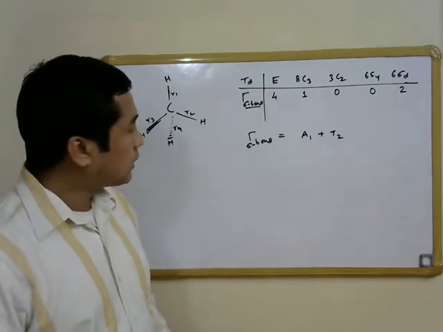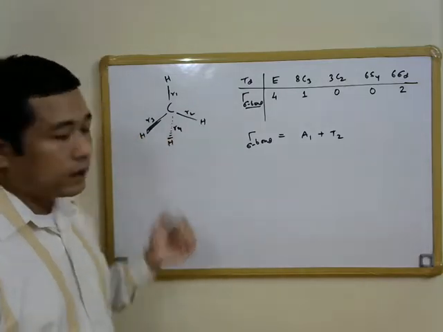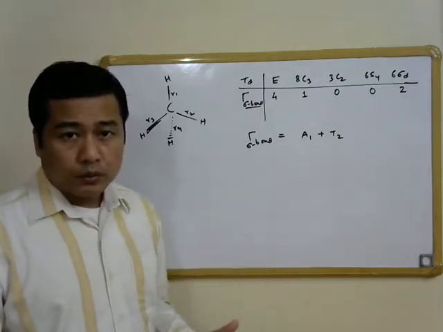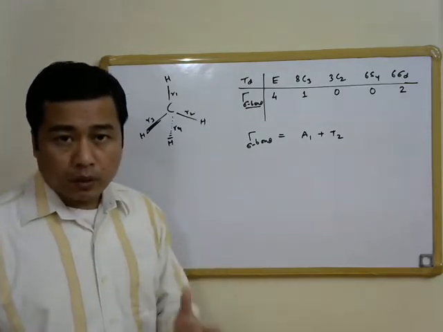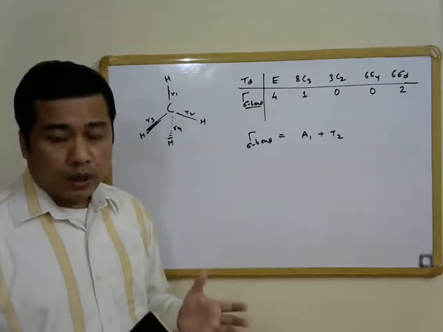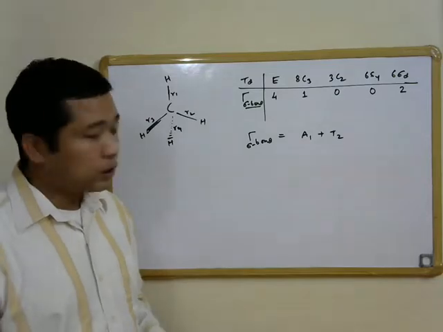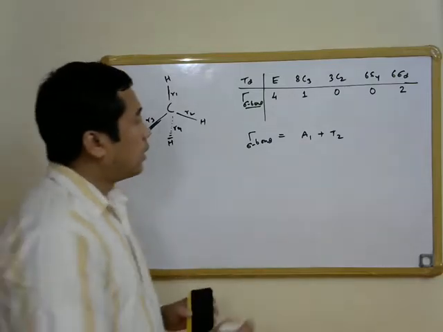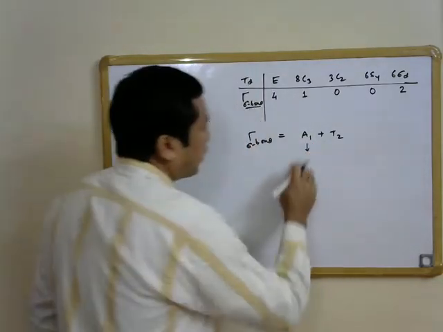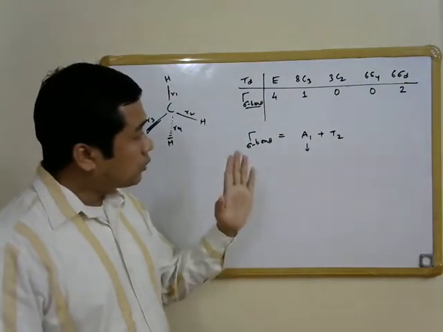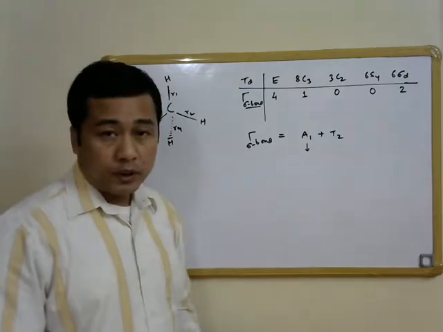So this tells us that the sigma bonds here are essentially formed by the formation of hybrid orbitals, and these hybrid orbitals are formed by one atomic orbital of A1 symmetry and a set of 3 atomic orbitals of T2 symmetry.